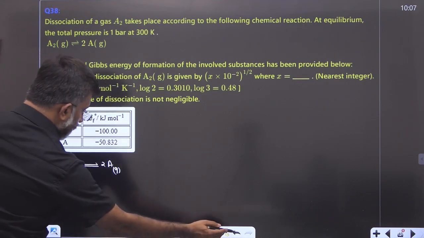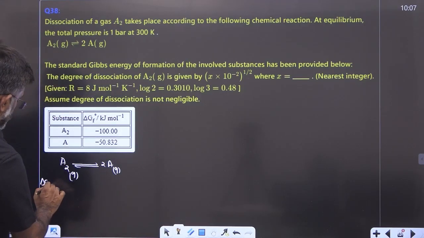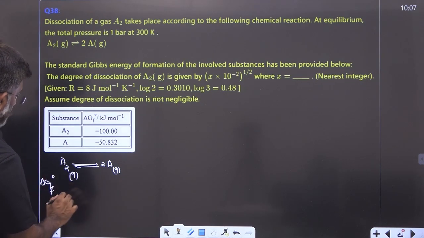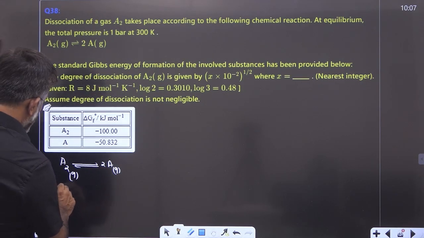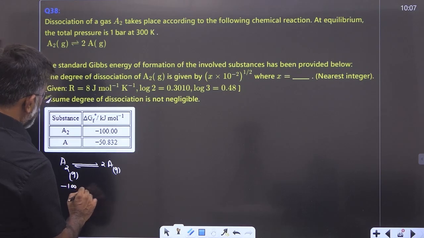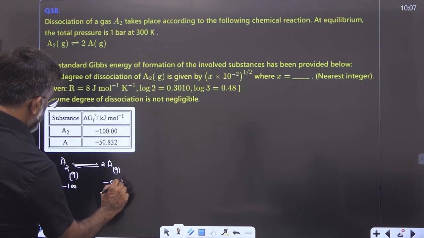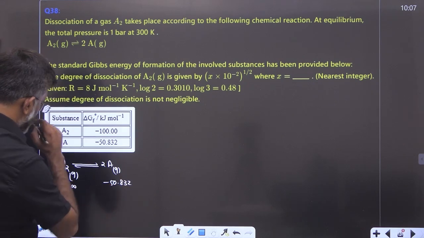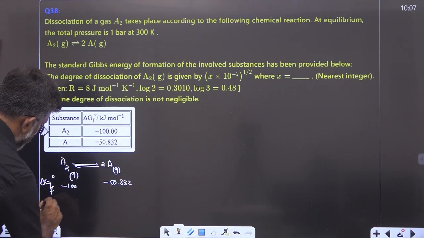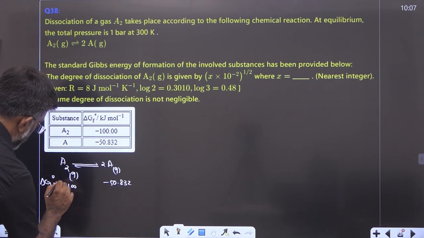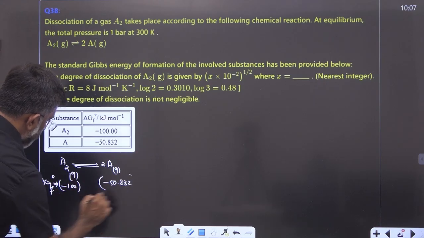Sorry, delta G formation values are given. For A2 the value is minus 100 kilojoule, and for A the value is minus 50.832 kilojoule. So you know what the delta G of reaction will be.